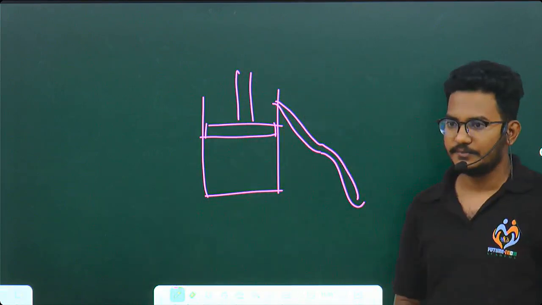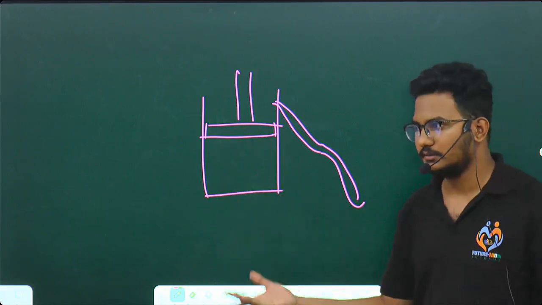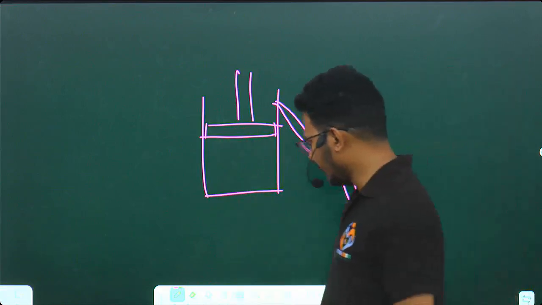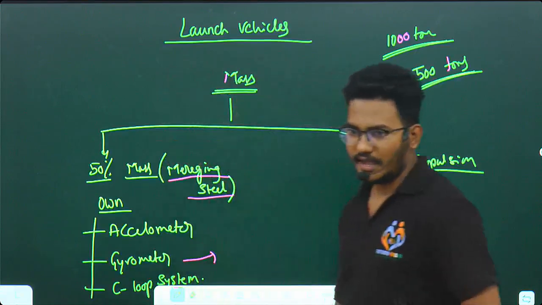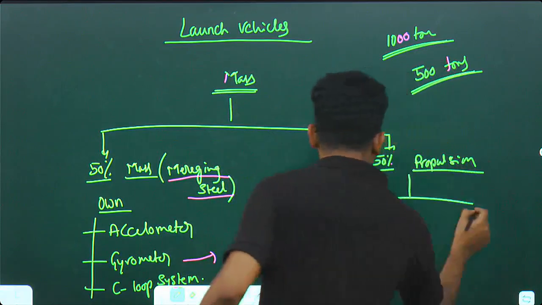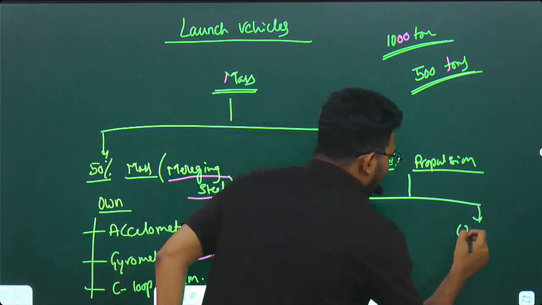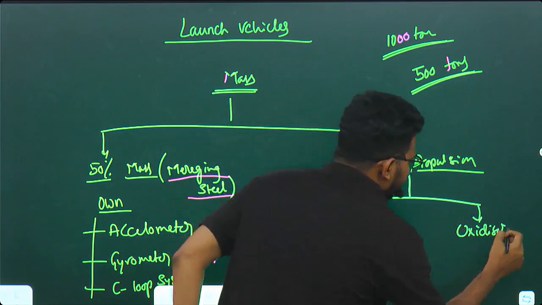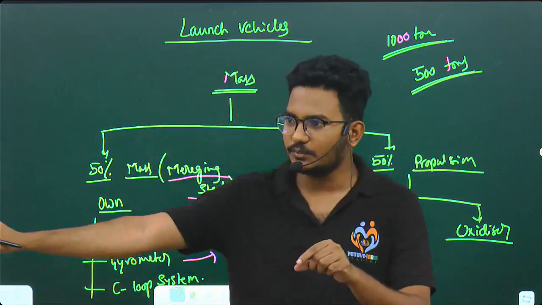Understood? So my point is, to burn the fuel, we need oxygen. So in propulsion, we have both fuel and oxidizer. Why are we keeping oxidizer? Just like a bike, we could leave it to the atmosphere, right?